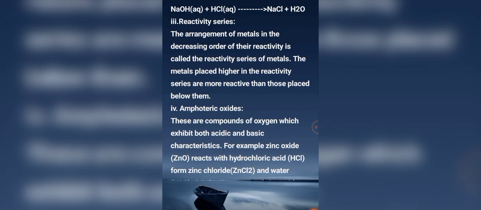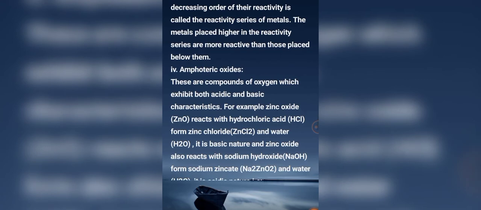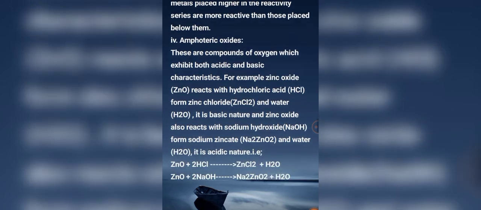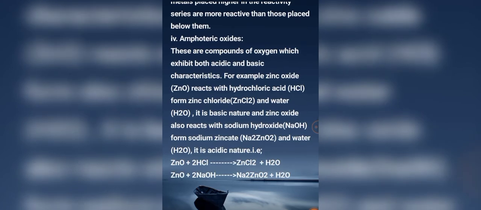For example, zinc oxide ZnO reacts with hydrochloric acid HCl to form zinc chloride ZnCl2 and water H2O. It is basic nature, and zinc oxide also reacts with sodium hydroxide NaOH to form sodium zincate Na2ZnO2 and water H2O. It is acidic nature.